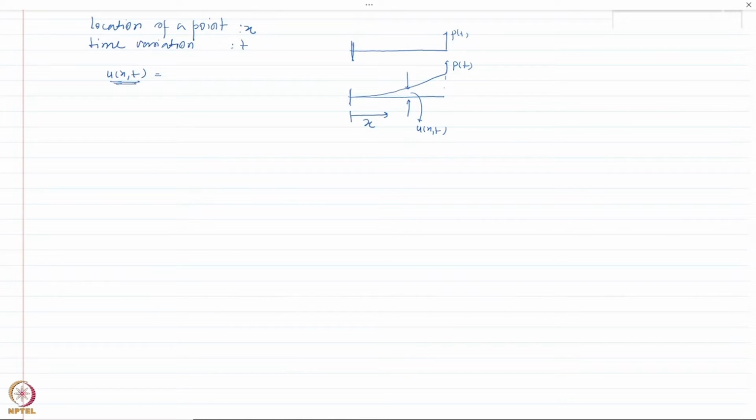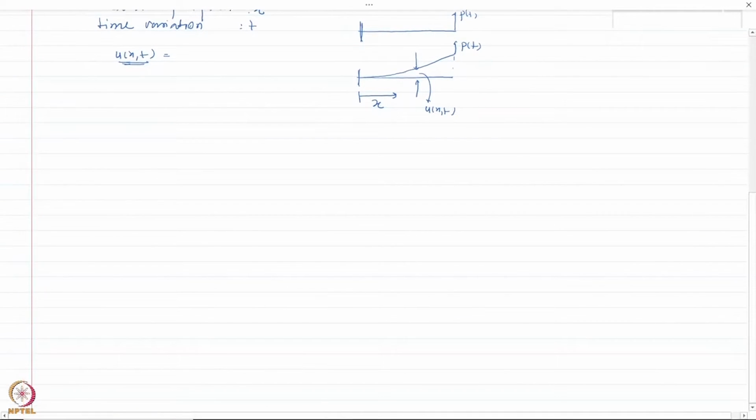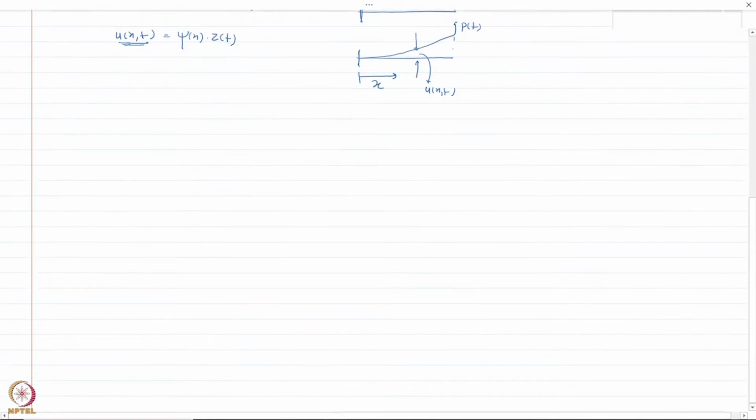The way we do that is we decompose the deformation in terms of two functions. First is phi of x, which is only a function of the location x, and the second is z of t, which is only a function of time. Phi of x is called the shape function, and z of t is called the generalized coordinate.